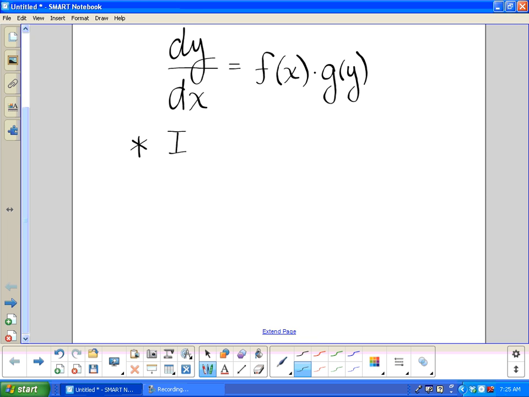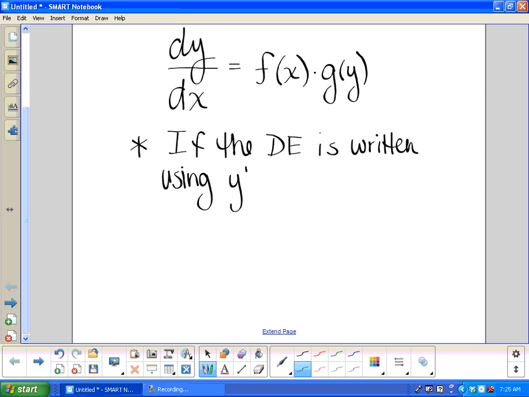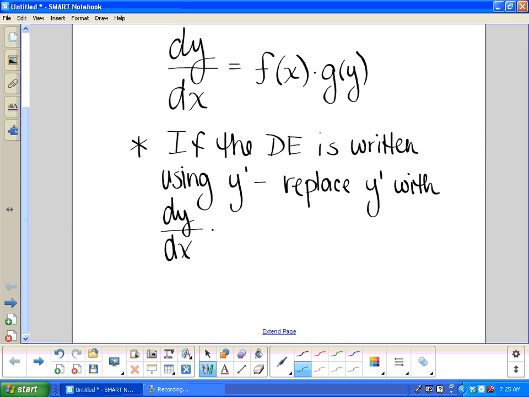So let's say this: if the DE, the differential equation, is written using y prime, replace y prime with dy/dx. This will make things a little simpler for you.